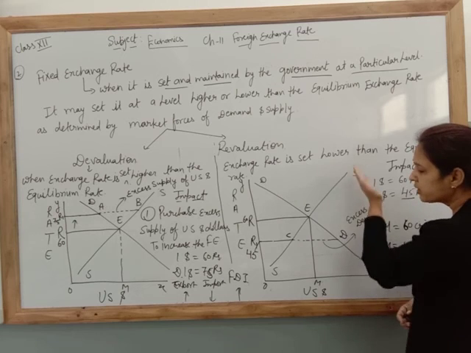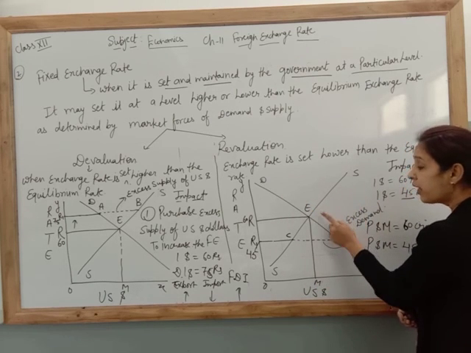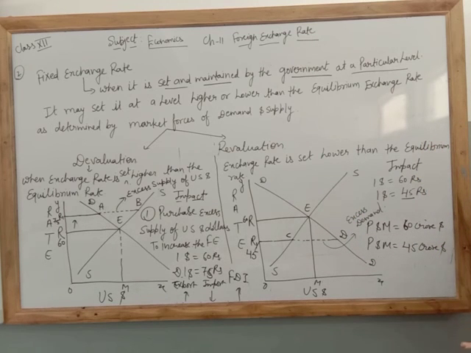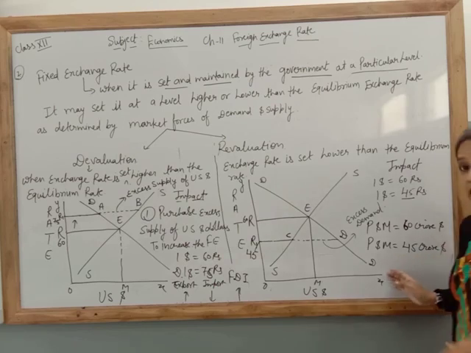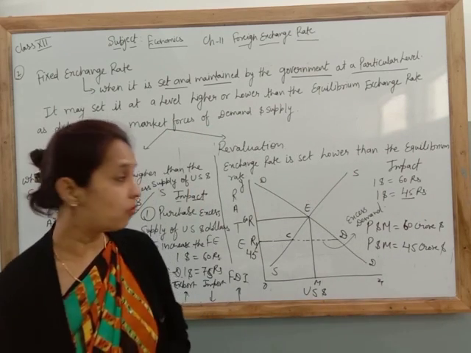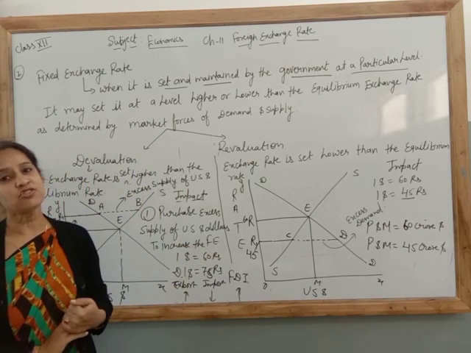Definitely the rate will be decided through the market only, at the key point, but the government intentionally sets the rate lower than the equilibrium rate, so that they can import more assets from the rest of the world, and through that our imports will be cheaper.